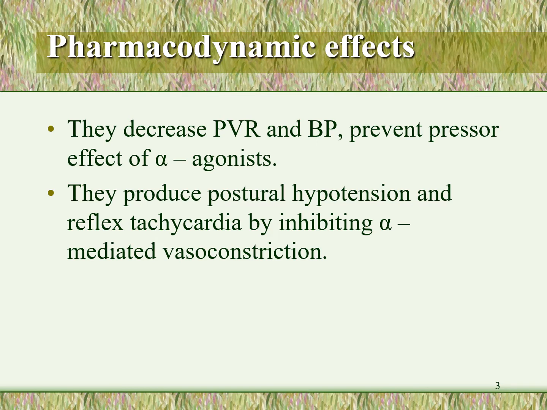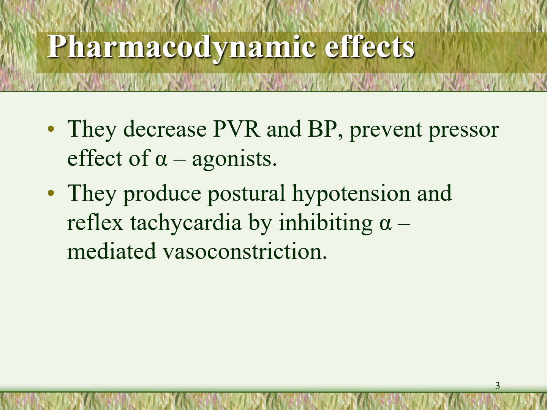Postural hypotension: when you are sitting and want to stand up, you may collapse, with postural hypotension or systolic hypotension. This is because the blood pressure should be adjusted when you change your position from sitting to standing, or from lying to sitting.